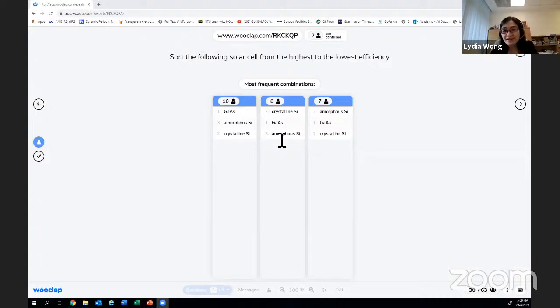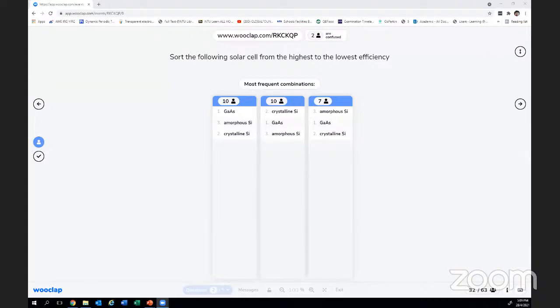Interesting. Okay, let me ask you a question then. If the band gap is smaller, will it absorb more or less light? You can maybe write in the chat more or less.